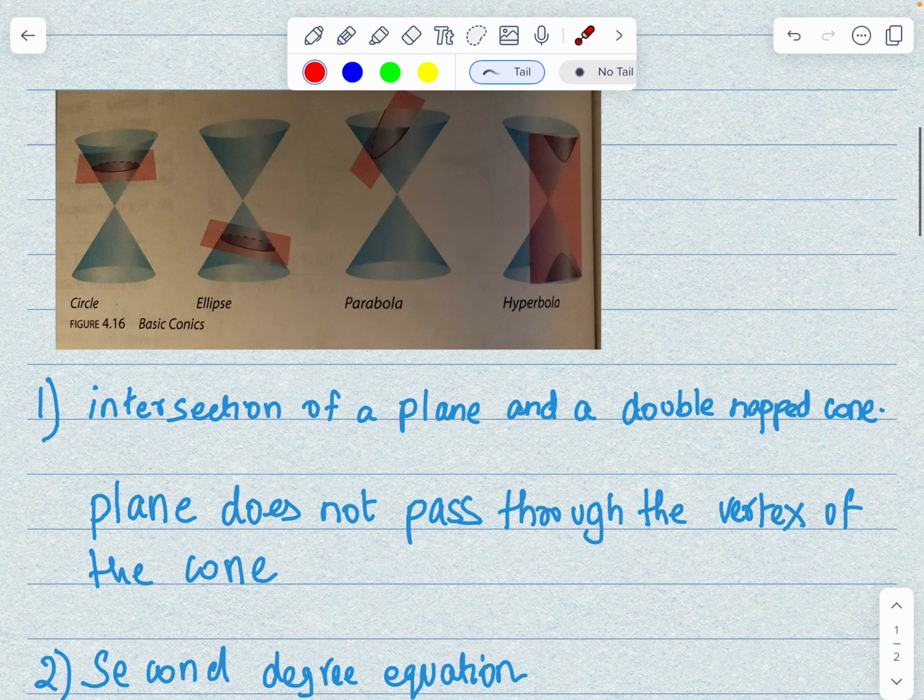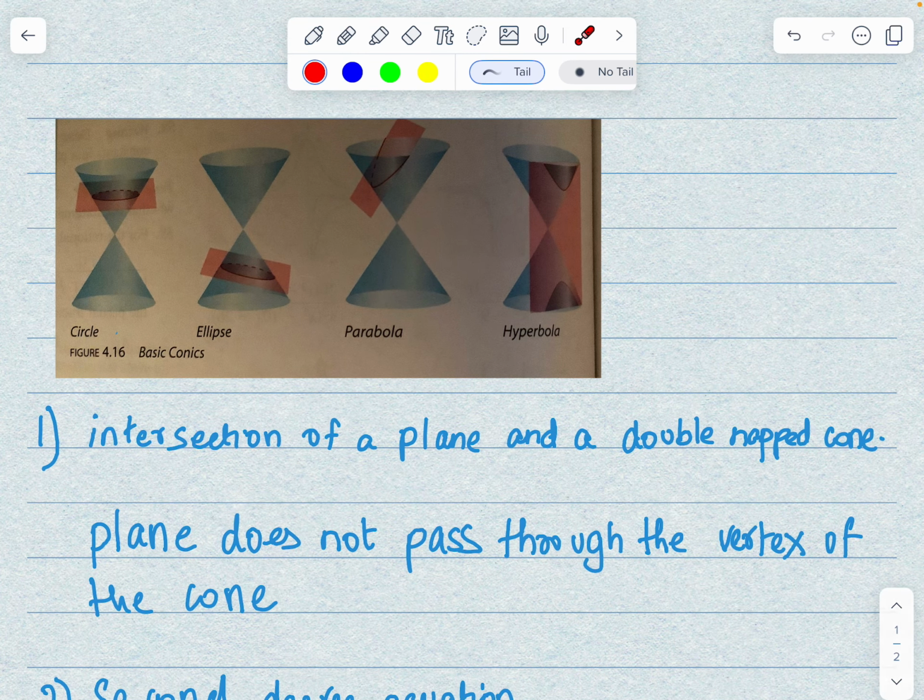So let's start with the first one, which is a circle. A circle is a curve that is formed at the intersection of a plane and the double cone, so that the plane is perpendicular to the axis.